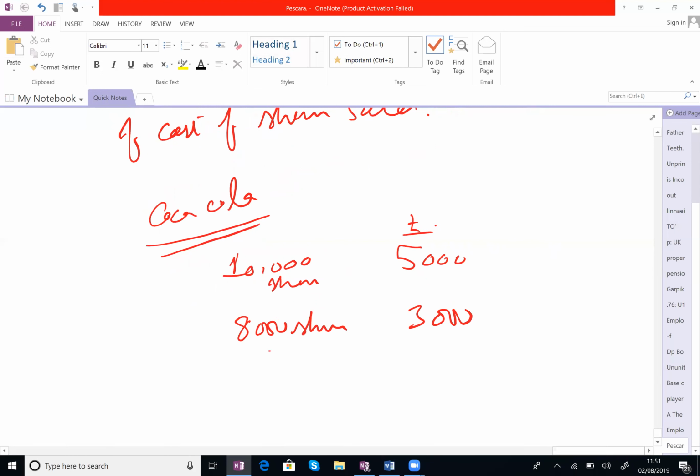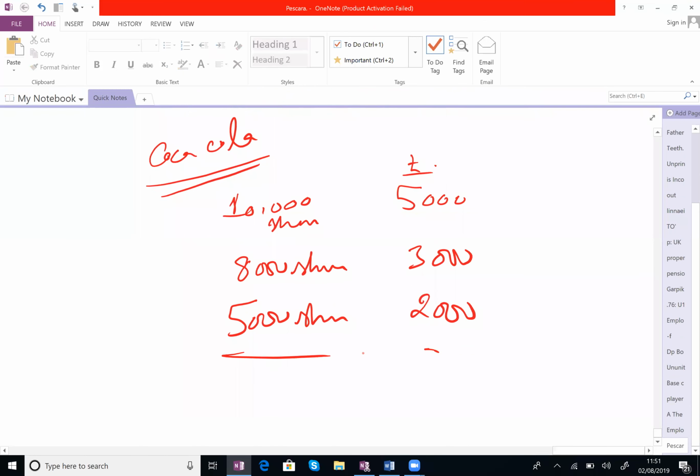Then you purchase 5,000 shares of Coca-Cola company for £2,000. Means you are purchasing the same company shares, but at multiple rates. Some shares have a cost of 5,000, some 3,000, some 2,000.